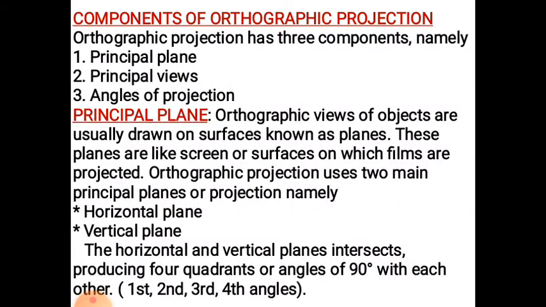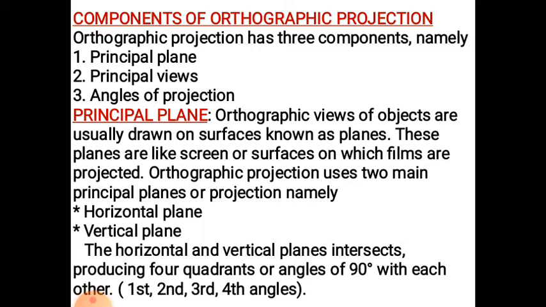Now let's see the components of orthographic projection, which are namely principal views, principal planes, and angles of projection. Now these principal planes are drawn on objects. The objects are drawn on surfaces known as planes, and these planes are like screens or surfaces on which the drawings are going to be projected.